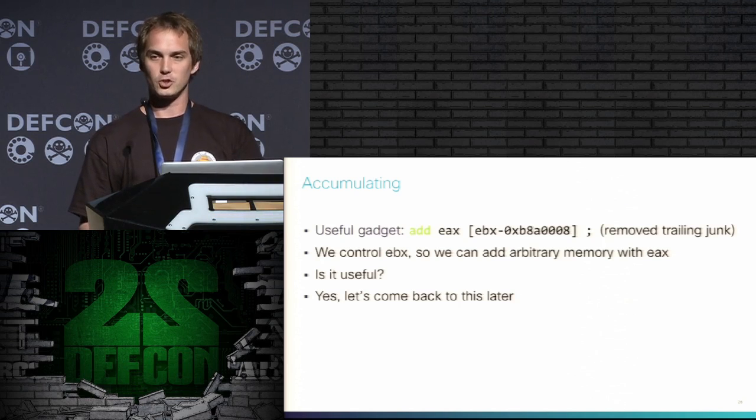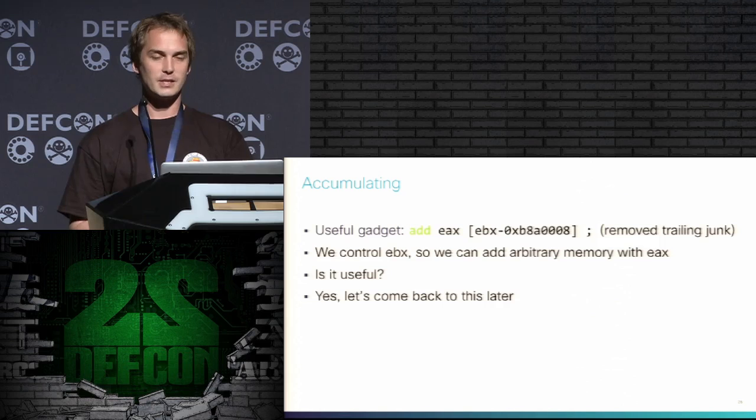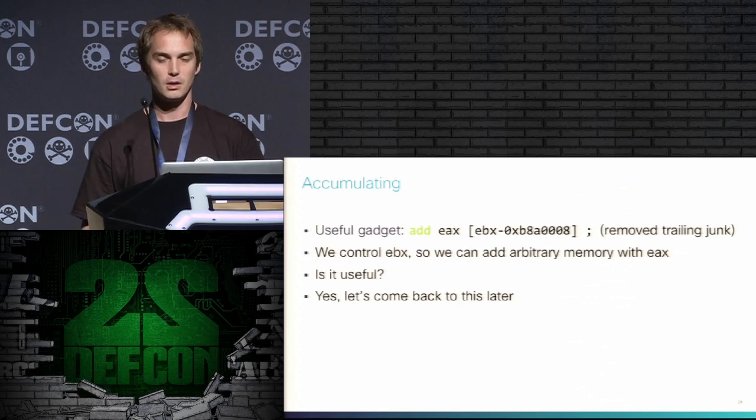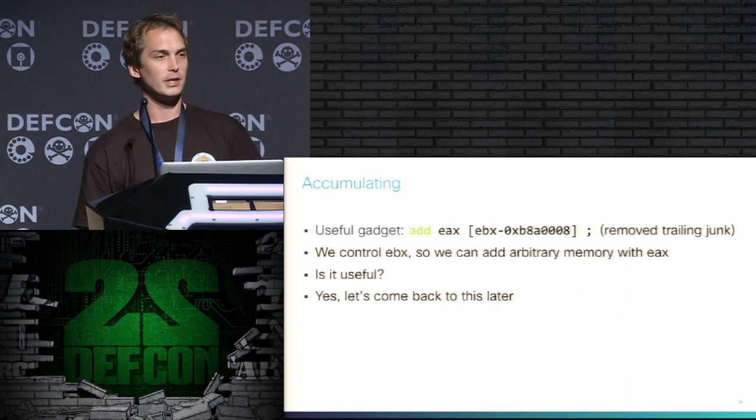I removed the trailing stuff because it's not necessarily interesting. You control EBX, so you can grab a value in memory and load it into a register. Is that useful? Well, you don't control what's in memory necessarily, so at first I didn't think it could be useful, but actually it is. I'll come back to this later.